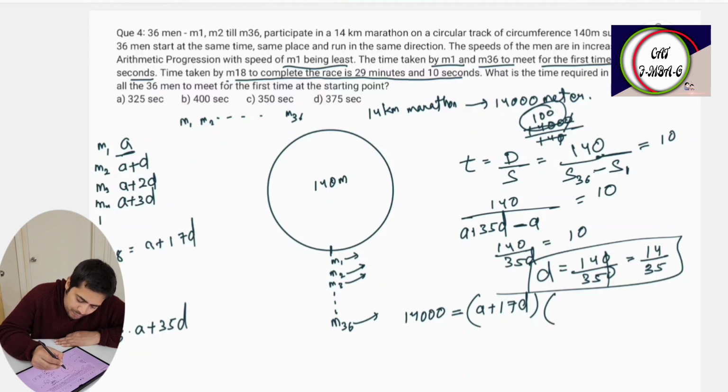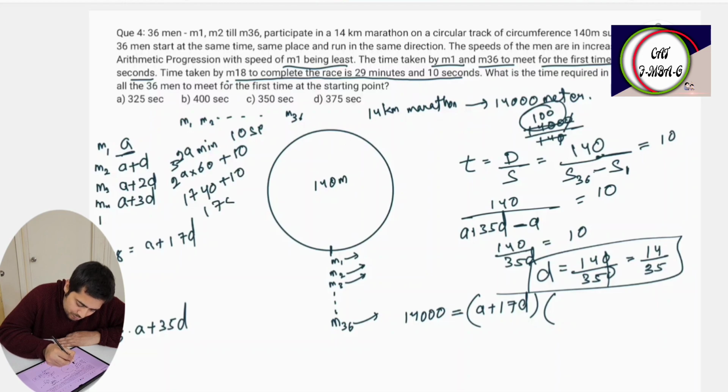How much is the time? Time is 29 minutes and 10 seconds, so it can be written as 29 into 60 plus 10 seconds, which comes to 1750 seconds.